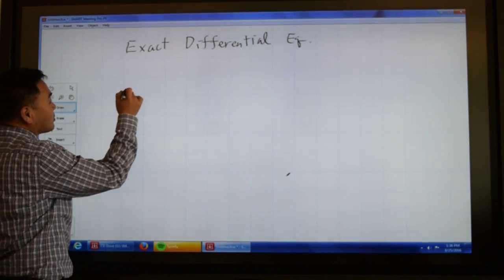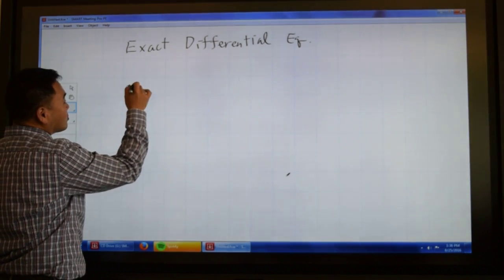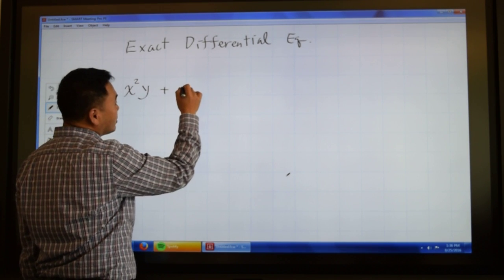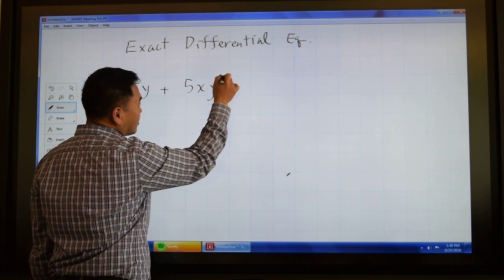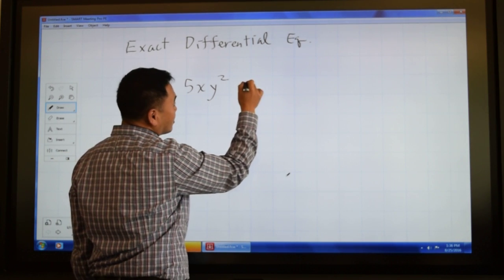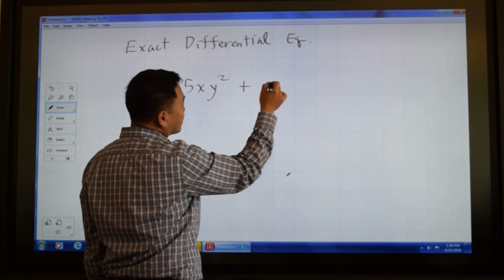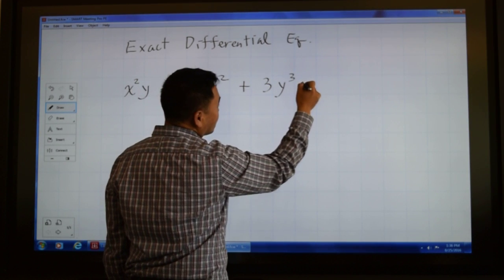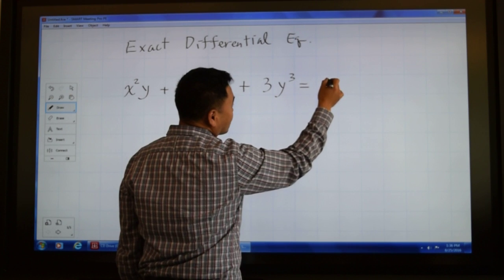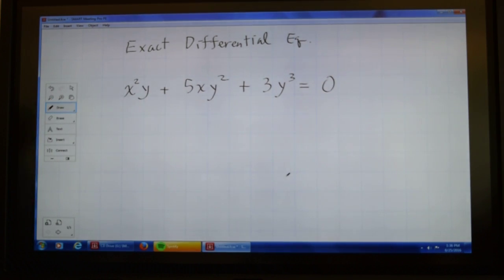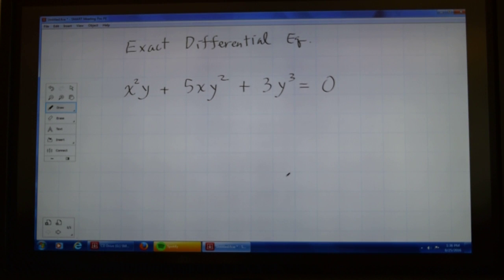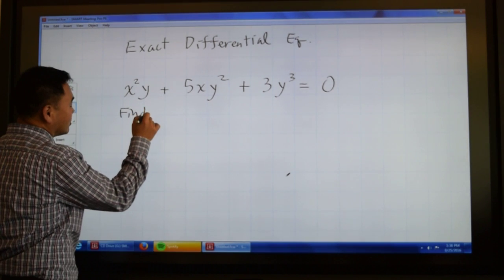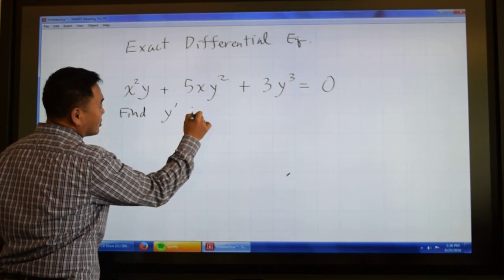Suppose you have something like x squared y plus 5xy squared plus 3y cubed equal to 0, and you're told to find y prime implicitly.